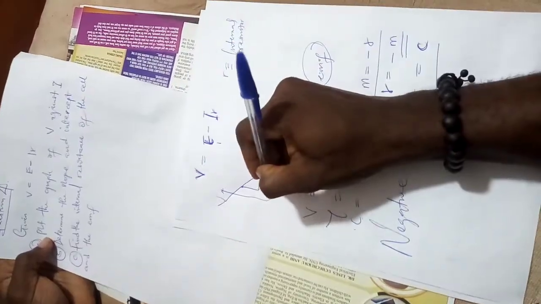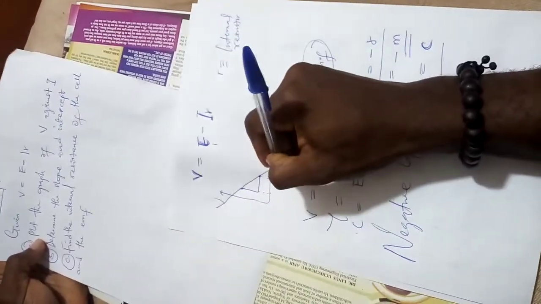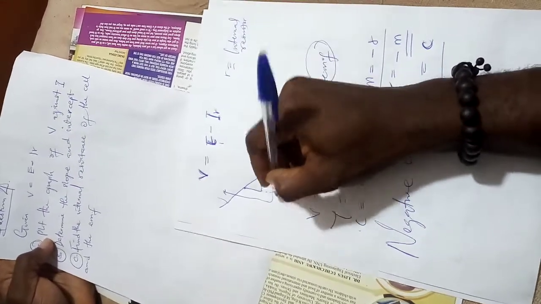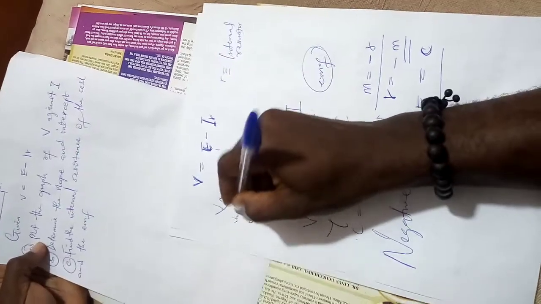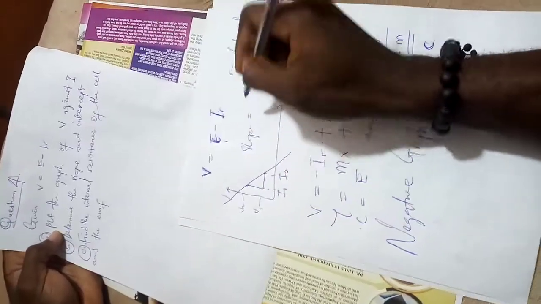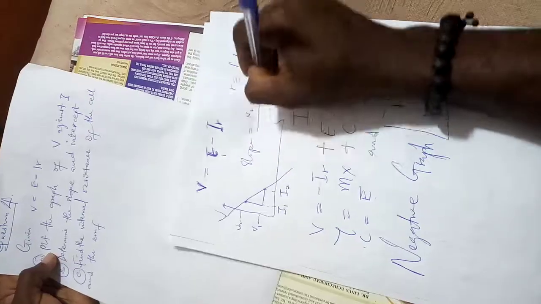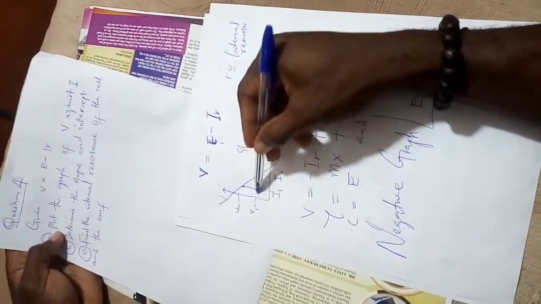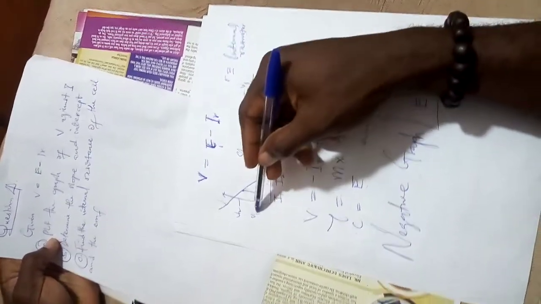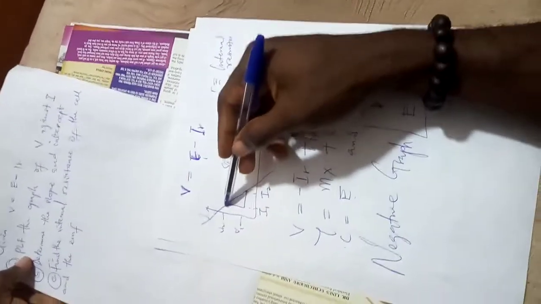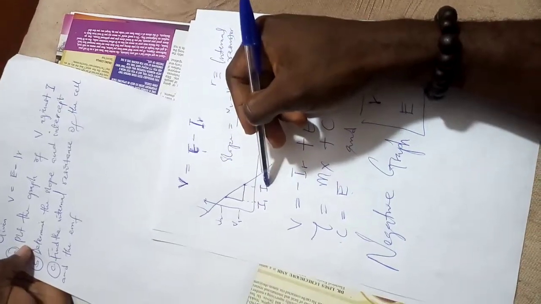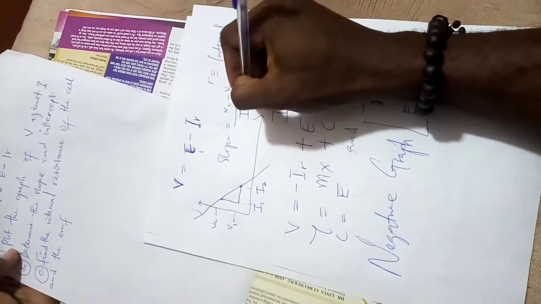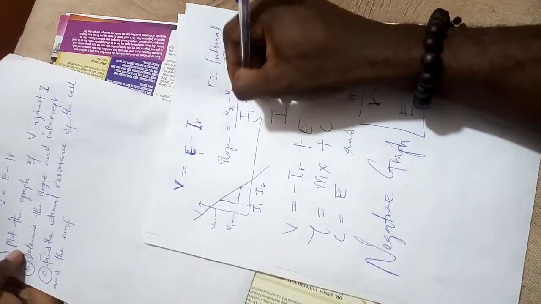So if you check this, here becomes your I2, and this is your I1, then this is your V1, and this is your V2. So the slope is simply V2 minus V1 all over I1 minus I2.